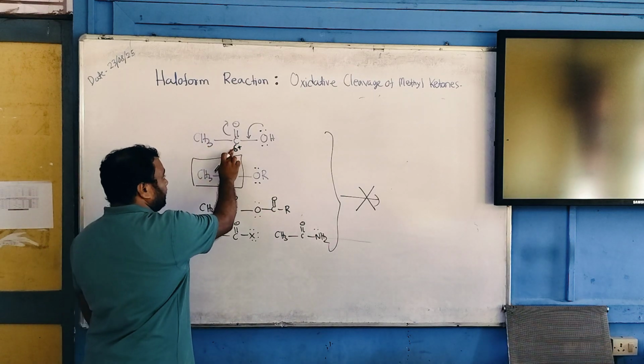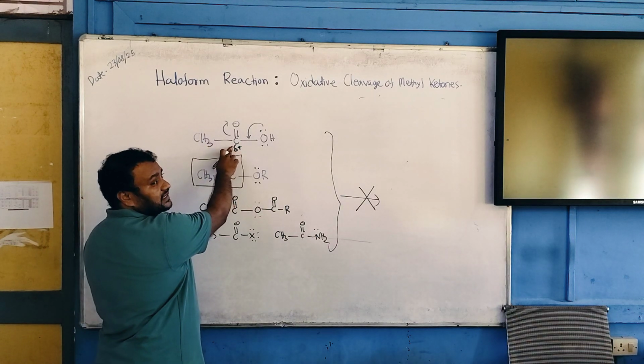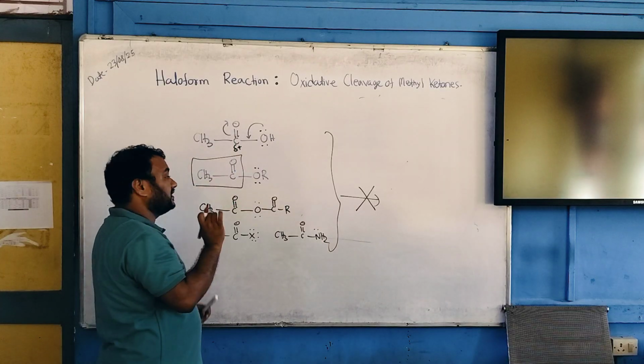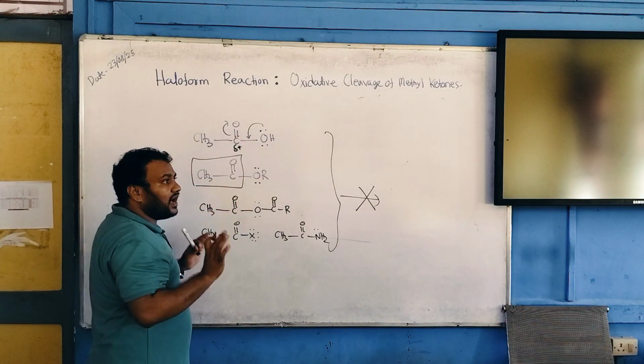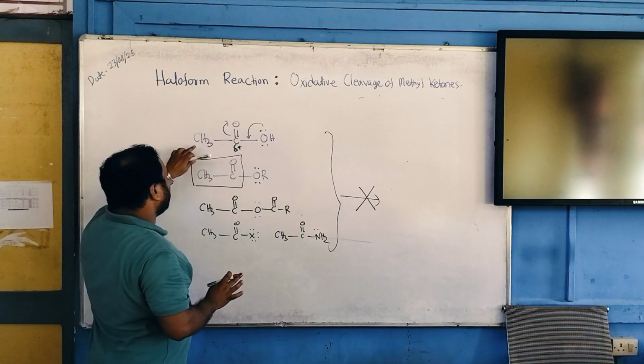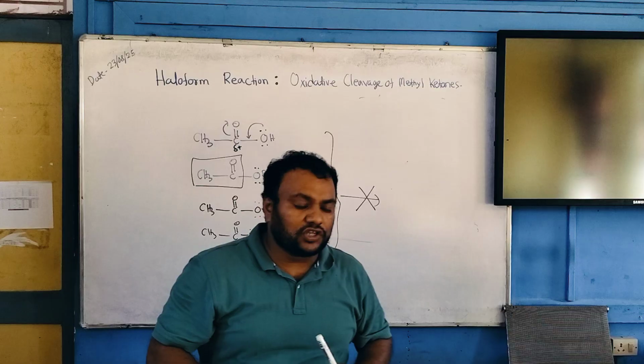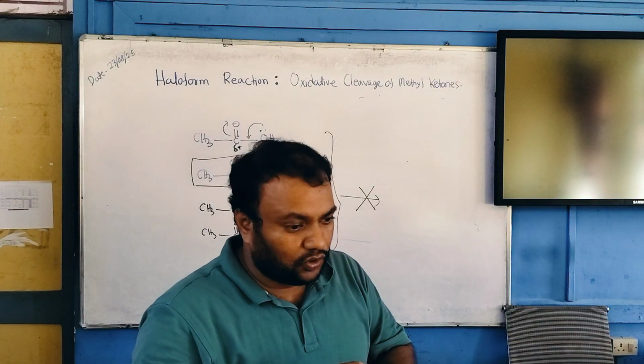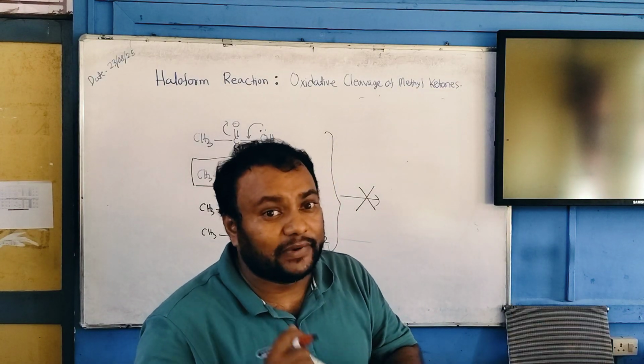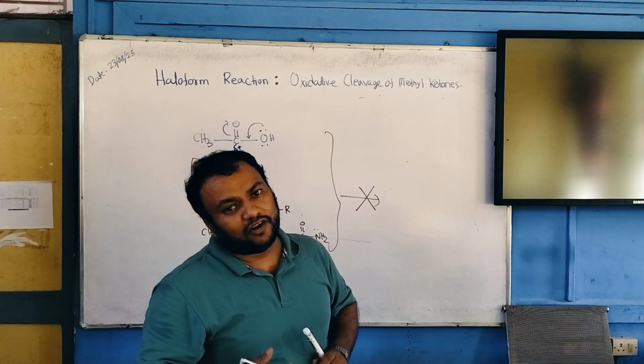As a result, this carbon is not electropositive enough, so enolate formation will be less. Because enolate formation will be less, your reaction will be prohibited, meaning haloform formation will not take place.